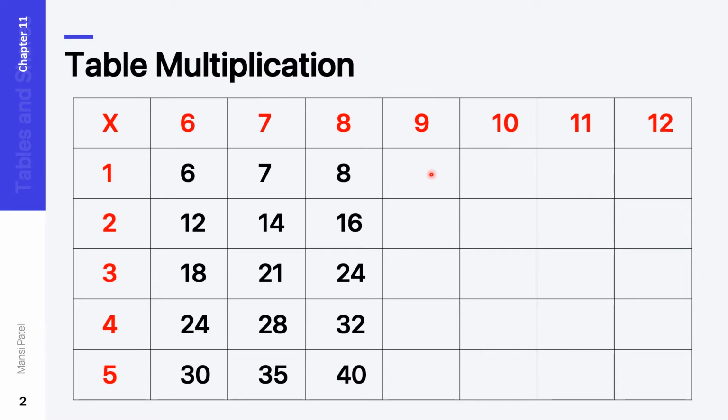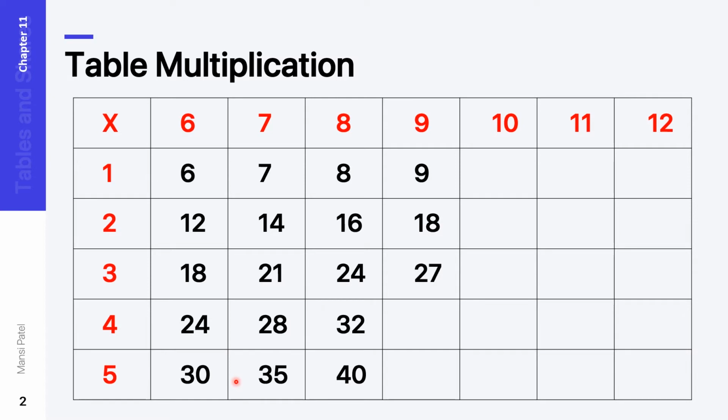Now let us complete this row. The number is 9 and another number is 1. So 9 ones are 9. Then in the second one 9 is the same and another number is 2. So 9 2s are 18. So your answer is 18. Now one number is 9 and in the column 3 is there.